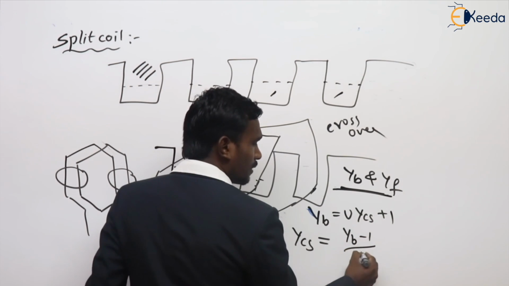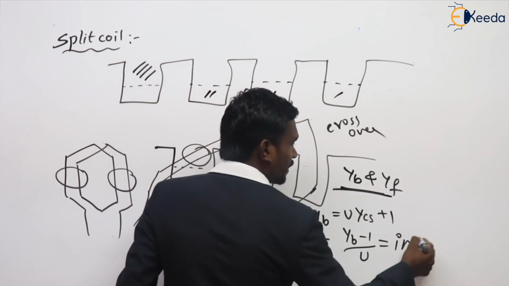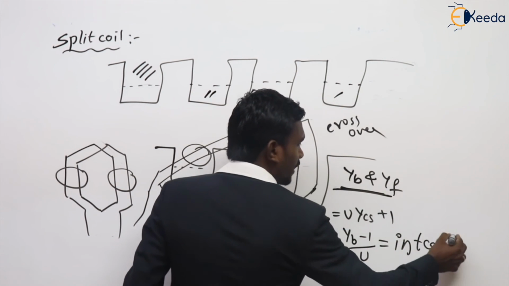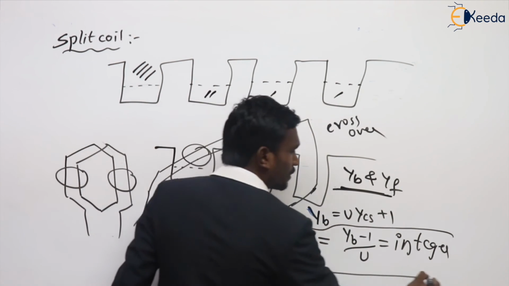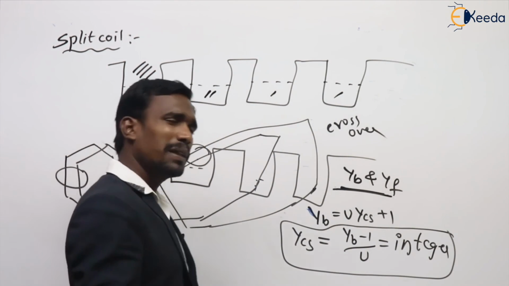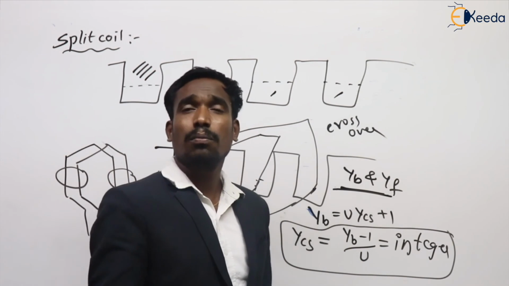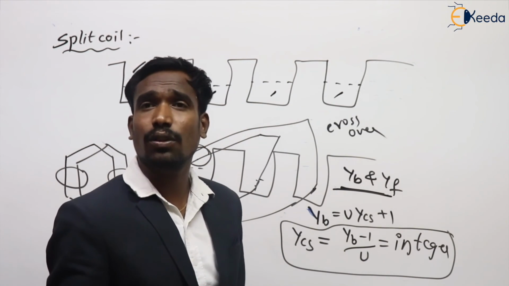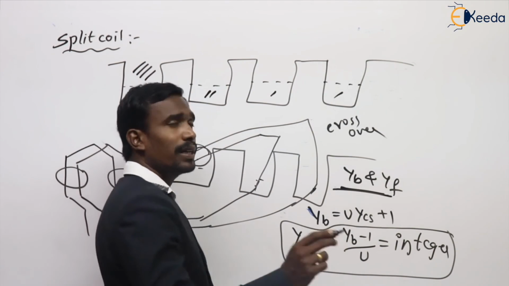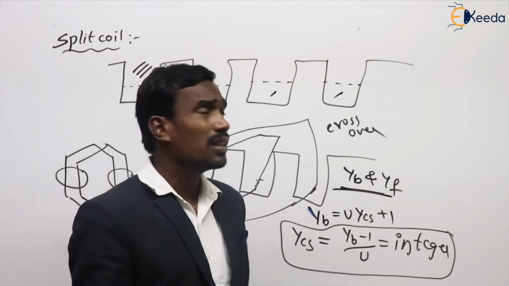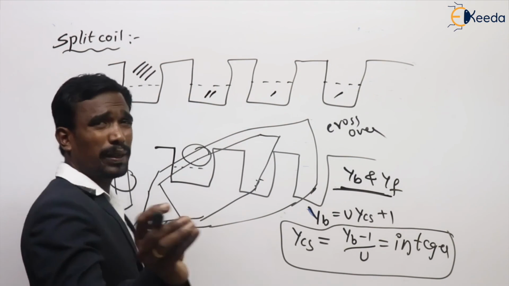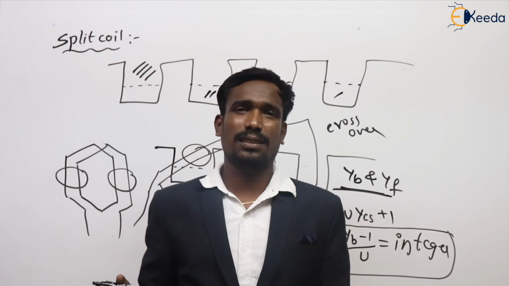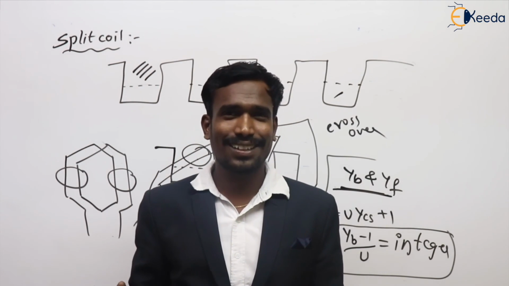YCS is equal to (YB minus 1) by U. If this is equal to an integer, then we can avoid split coils. Generally, split coils are less likely, but if you want to avoid split coils, this YCS should be an integer. This is simply about a small topic, split coils. Is it okay? Right.